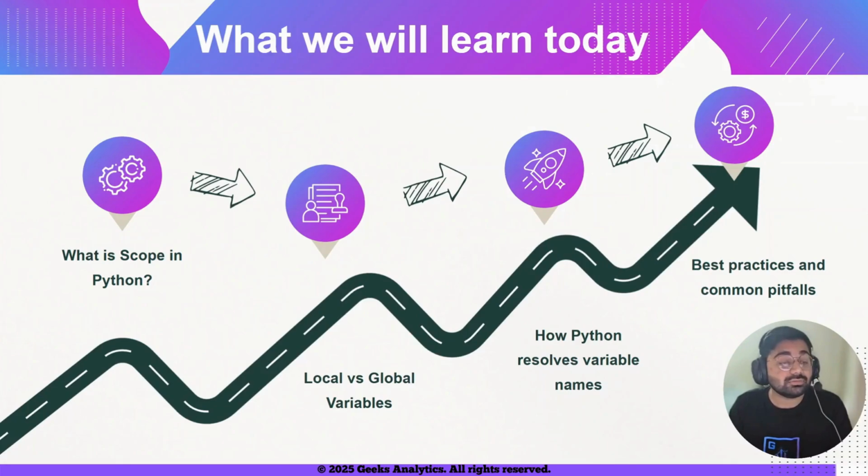We'll understand what the scopes are, what global and local scopes are, how to use the global keyword, and what are the best practices we should try to implement using global variables, and the errors which the global variables might have, and how to minimize those errors.